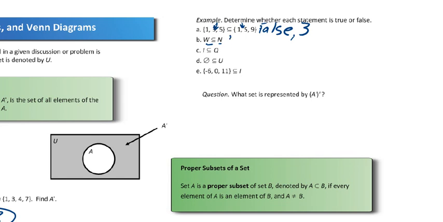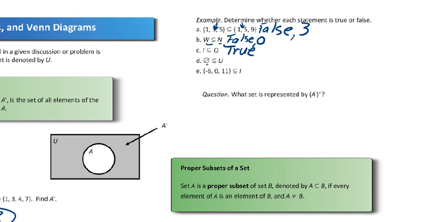Now, that is also false because our whole numbers, like we talked about in 2-1, include 0, but natural numbers do not. C says our integers are a subset of our rational numbers. Well, all integers can be rewritten as fractions, which would make them rational numbers. So this would be true.